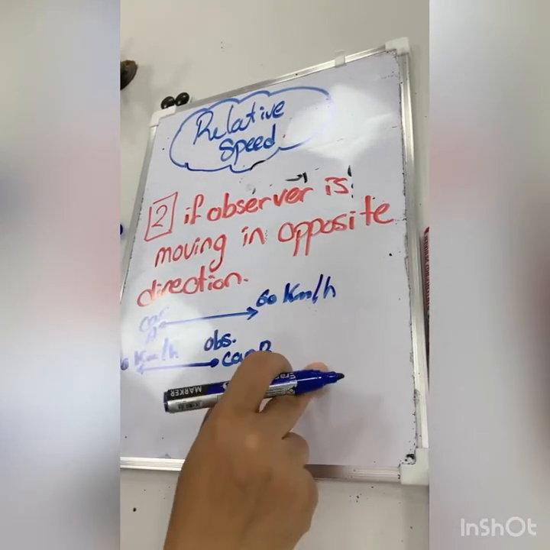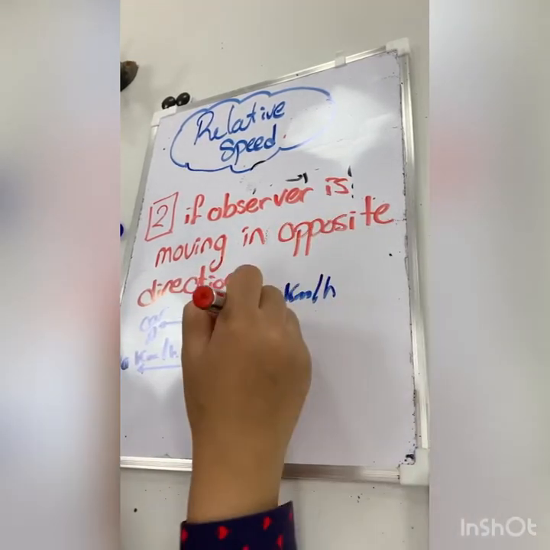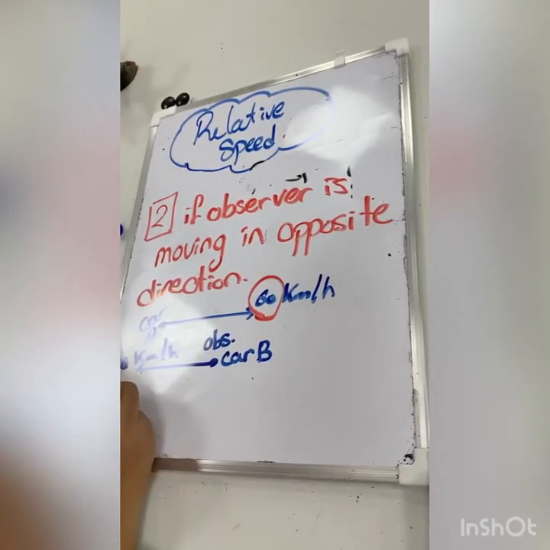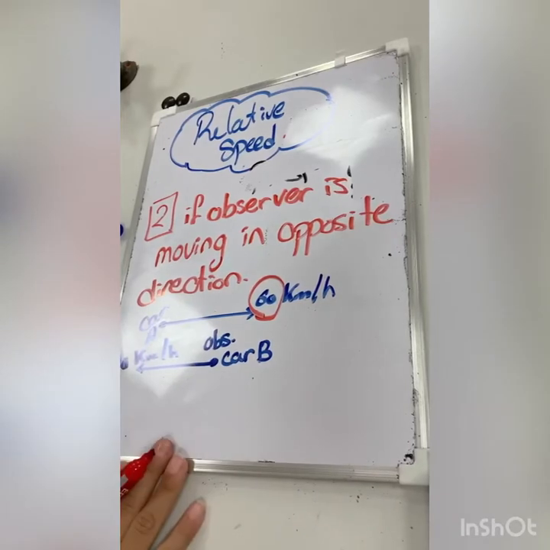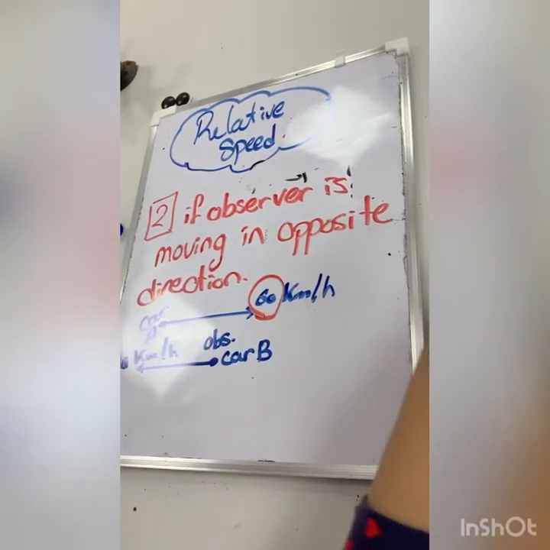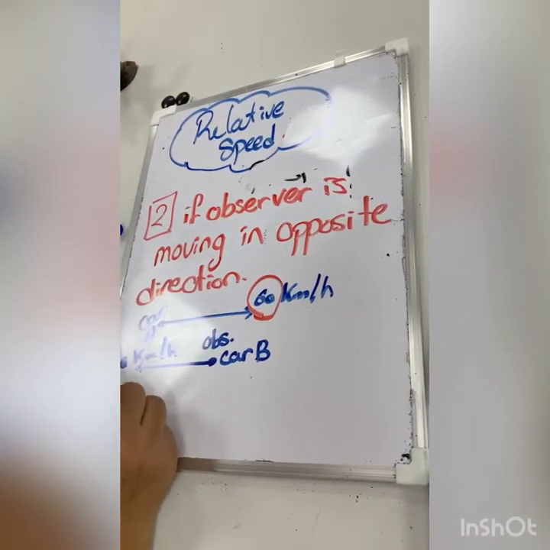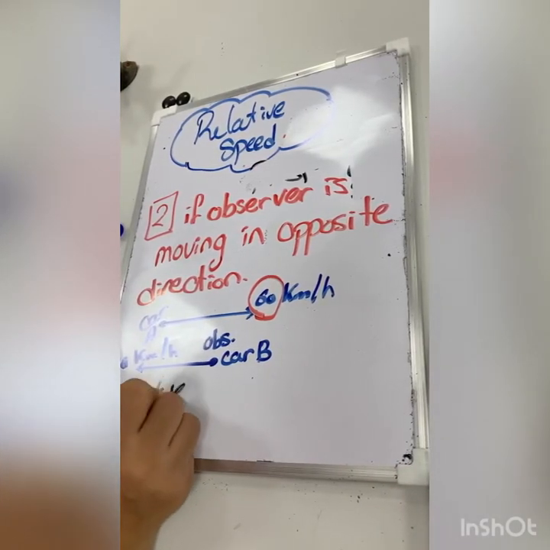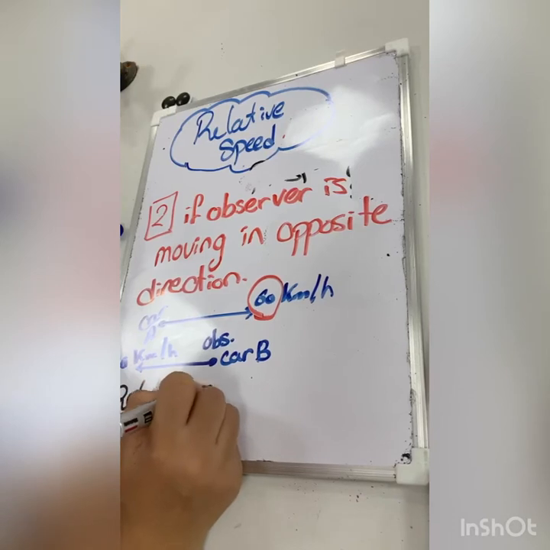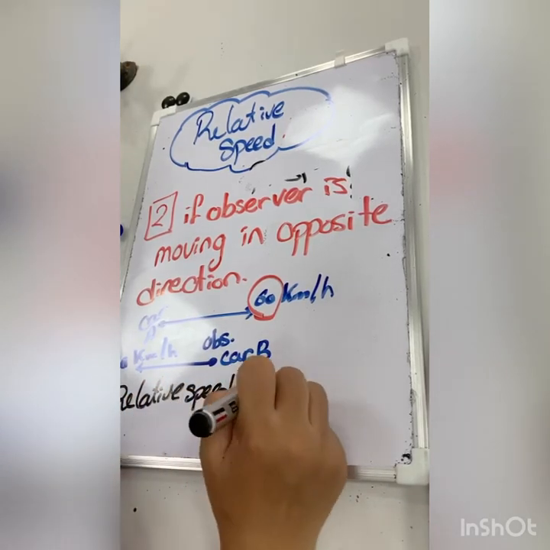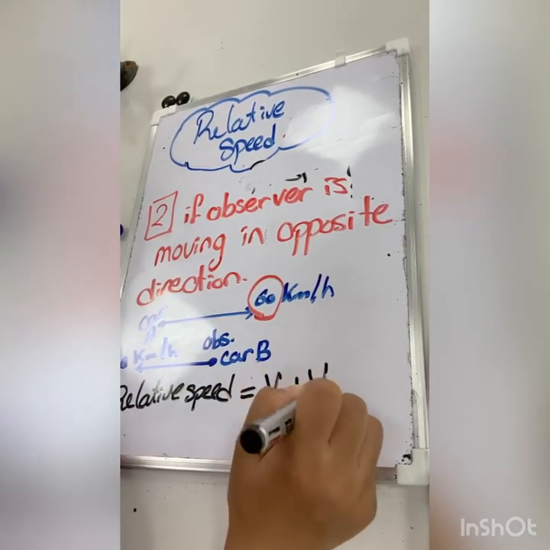In this case, this was the actual speed and this was the speed of the observer. How can I calculate the relative speed? The relative speed here will equal V2 plus V1.